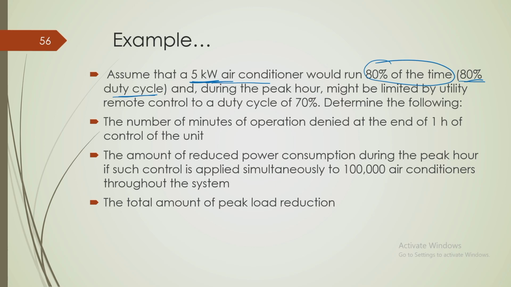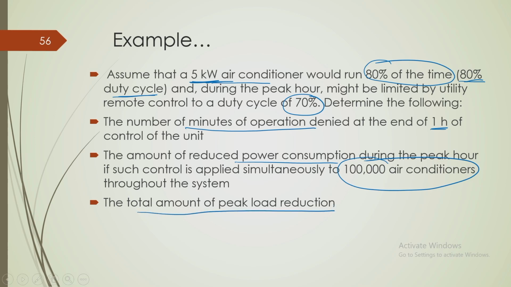Now, if we can reduce this duty cycle to 70%, then what would be the number of minutes of operation denied for 1 hour of time? What would be the amount of reduced power consumption? If we have 100,000 of such air conditioners, what would be the total amount of peak load reduction?